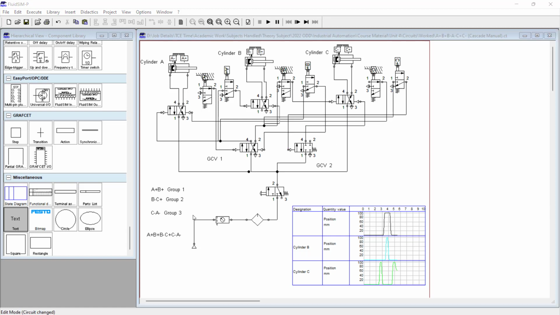Next, from power line 3, I need to connect the limit switches C minus and then A minus. This will be power line 3.